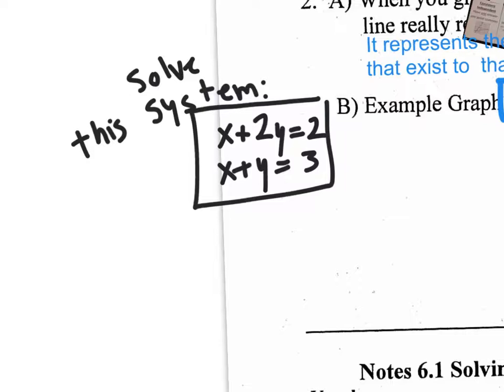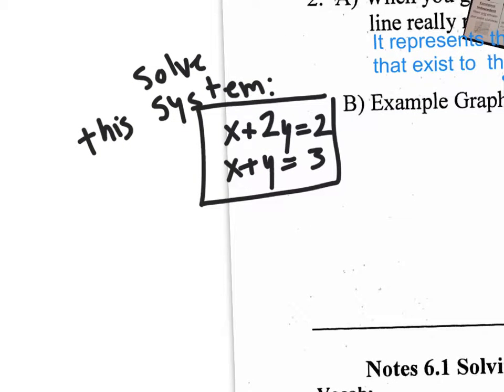Now, what do I mean by solve the system? Since we're talking about two equations working together here, look at this. Right here on this equation, we have x plus y equals 3. Give me an answer that works for this one. X plus y equals 3. 2 plus 1, right? Now, if you're thinking that 2 and 1 are the answers, it doesn't work.